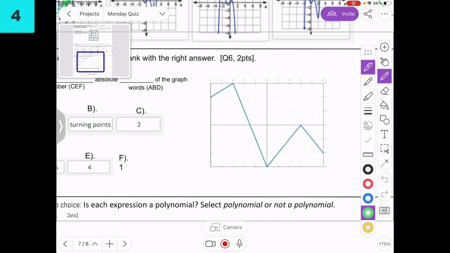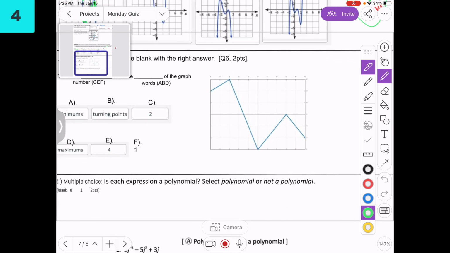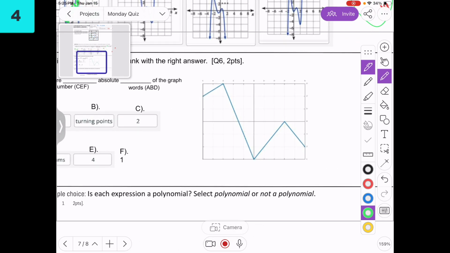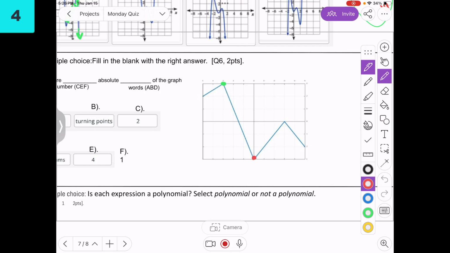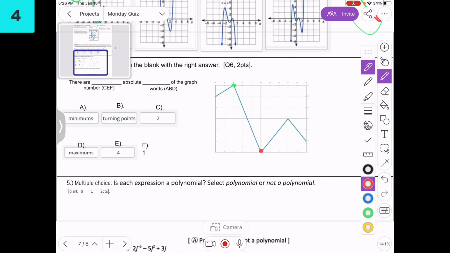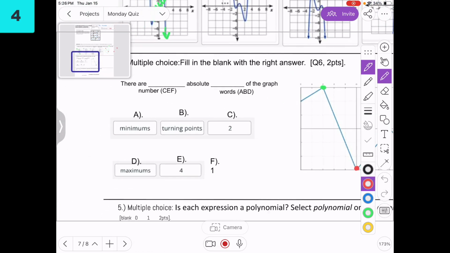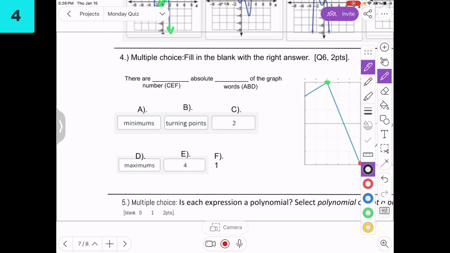So how many absolute maxes and absolute mins do I have? There's only one of each. I can see that I have an absolute max up here and an absolute min down here. So in reality, there could have been two answers. You could have chosen one absolute max, or you could have chosen one absolute min.